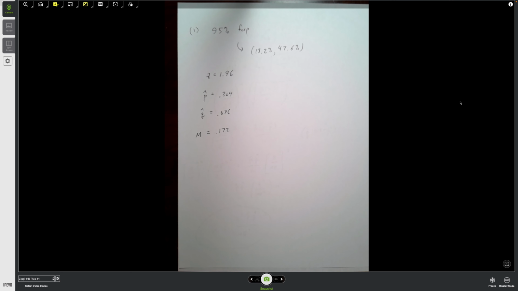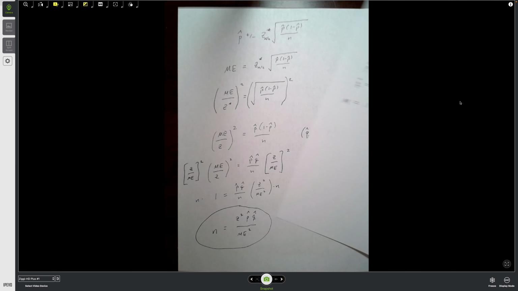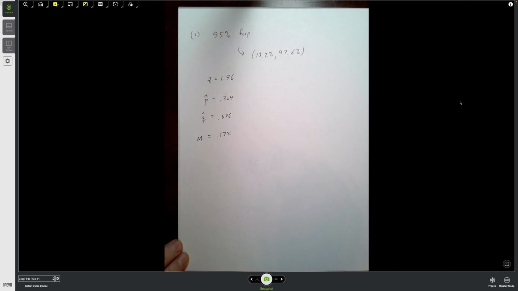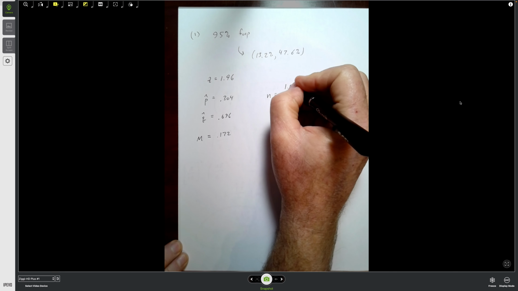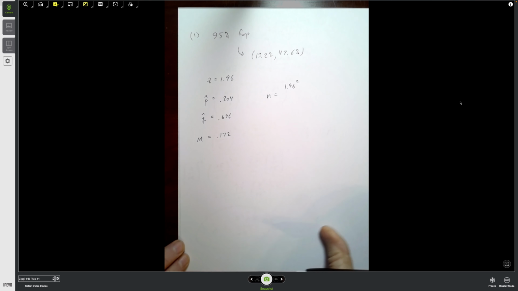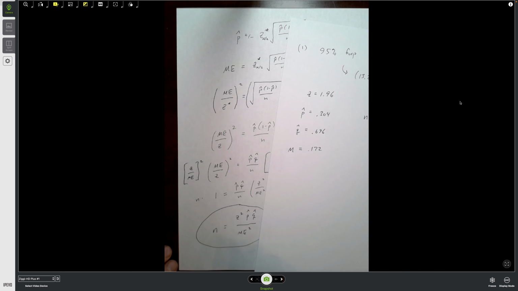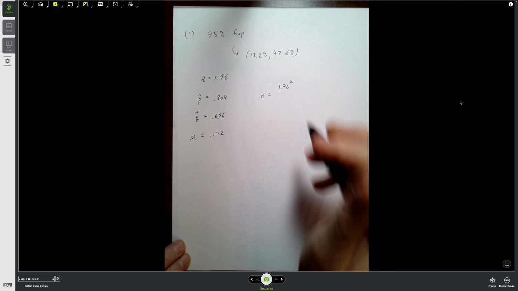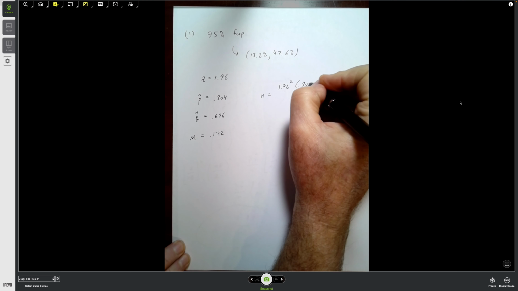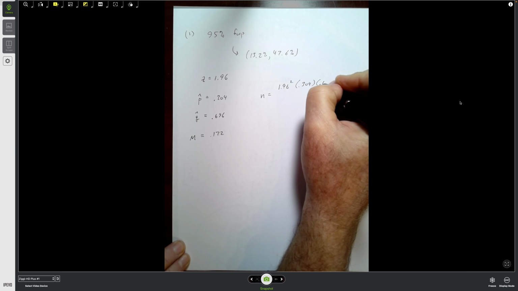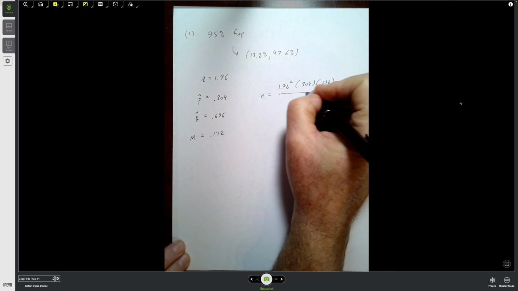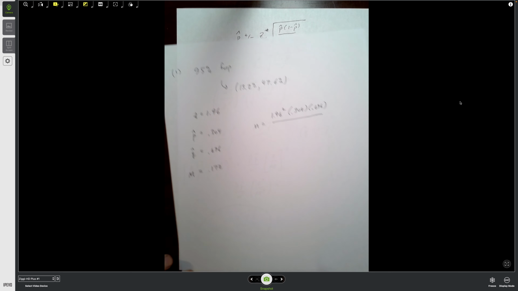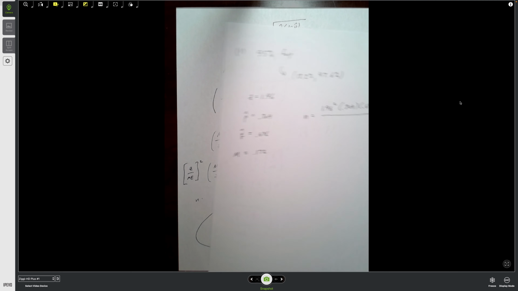All righty, let's plug and chug. So what do we know? n is z squared times p hat times q hat over the margin of error squared.